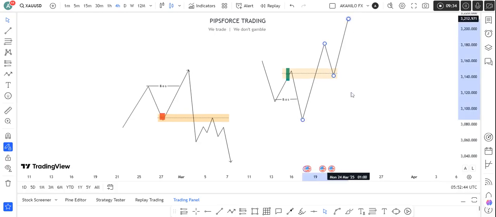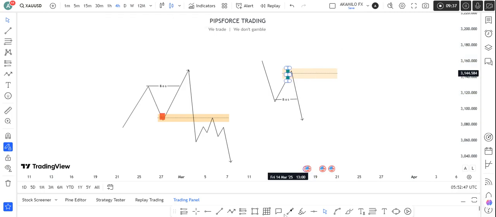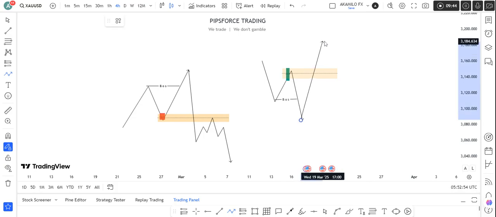So this is our bearish order block. If price breaks through this level, we have price giving us a retracement back to the breaker block in the lower time frame.